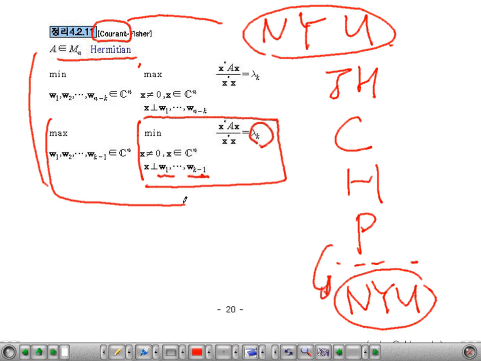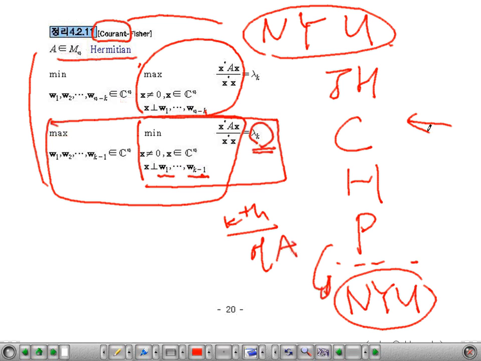The maximum of this will give us the kth smallest eigenvalue of A. If we start with the other direction, we start from the maximum, then use the max and min, and among the maximum and smallest, find the smallest one. Then we exclude w1 to w(n-k), and we can find lambda k from the largest side to the smallest. It's a very simple idea. Very simple idea.